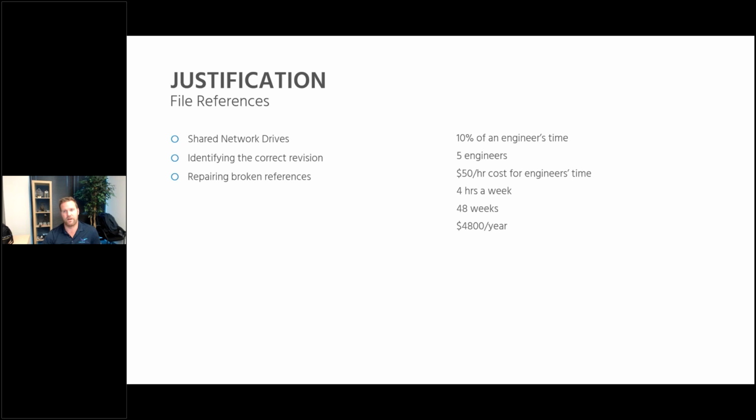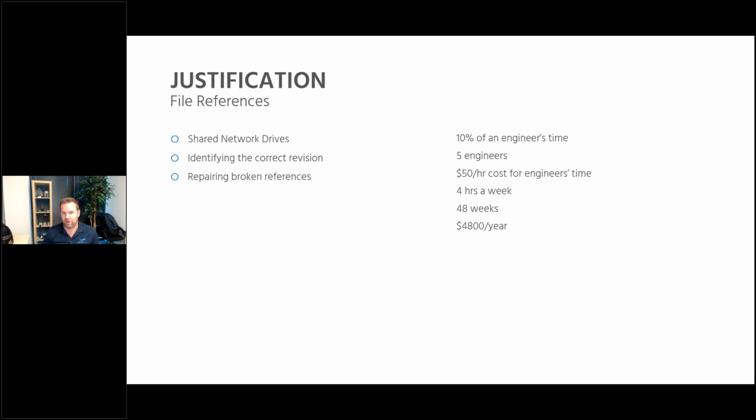But here I just wanted to hit quickly before we get off some rough ballpark numbers that we've put together over the years, in terms of justification that you might be able to use to build ROIs around implementing the software. The first one we're going to look at is file references. Getting out of shared network drives, worrying about the correct revision, or having to go back and repair broken references can be a big time investment.